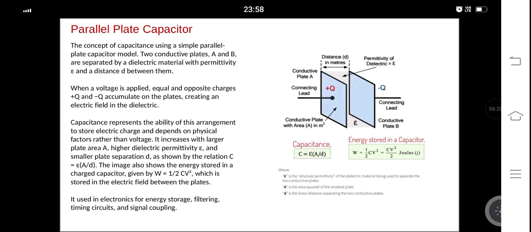How to get the value of capacitance, the formula is mentioned here: C equals permittivity times A upon d. And if you want to calculate the energy stored in a capacitor, E is equal to half CV squared, and its unit is joules.